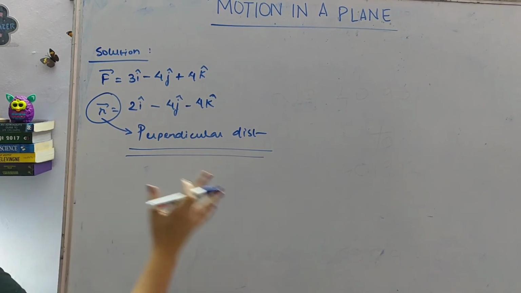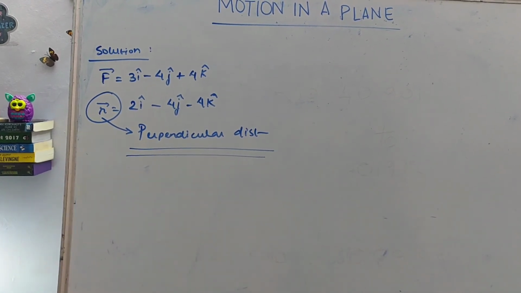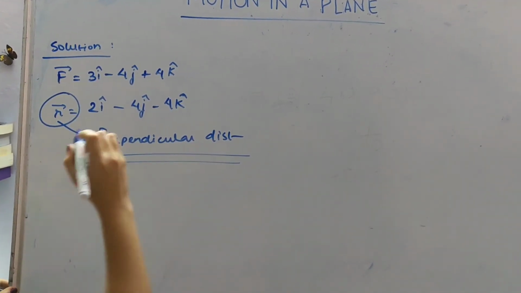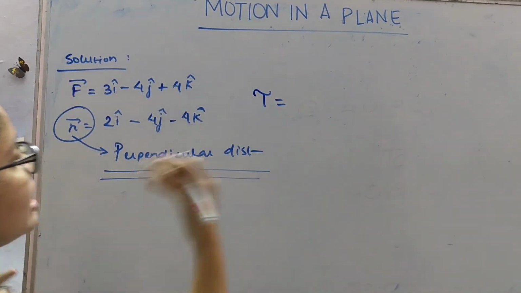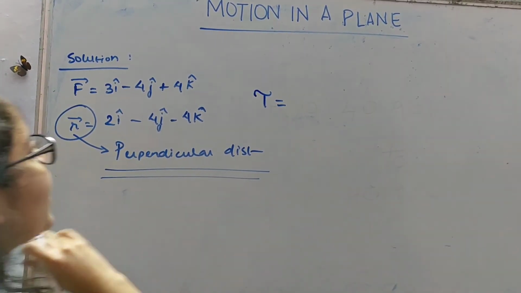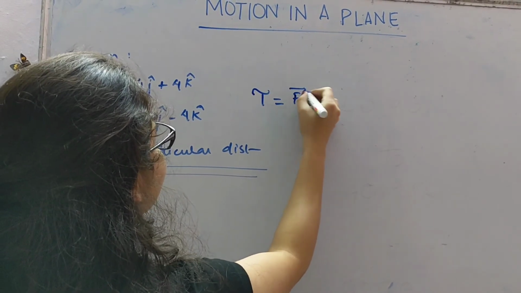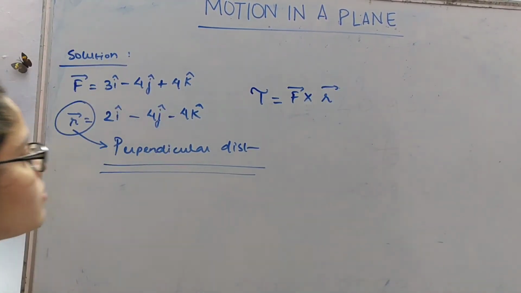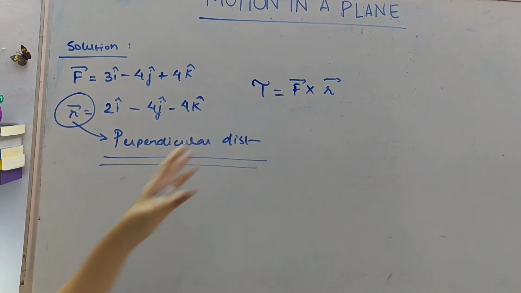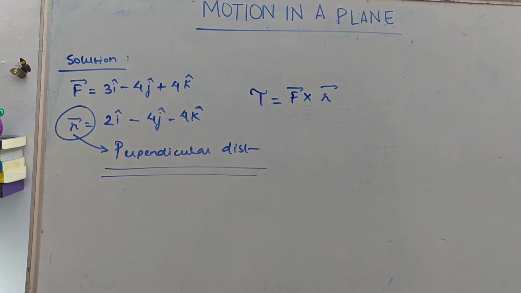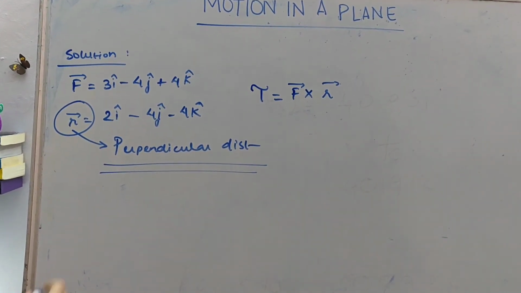Sometimes it may happen that you have to use dot product, but in this case you are absolutely correct because the formula for torque, which you will learn in rotational motion again, is F vector cross R vector. So either of the approaches, you are right that you have to use cross product in this case. So let us solve this numerical.